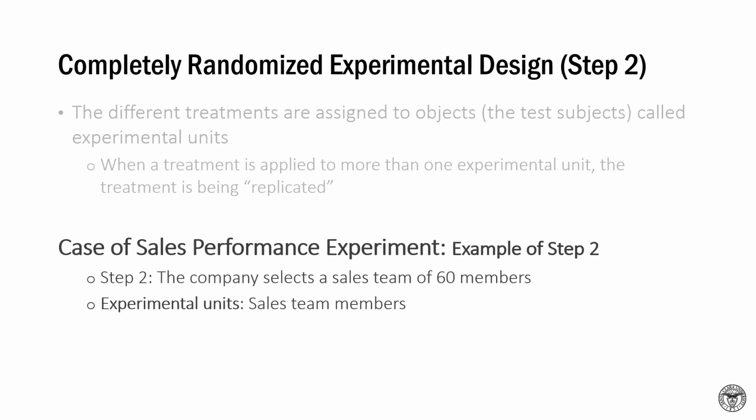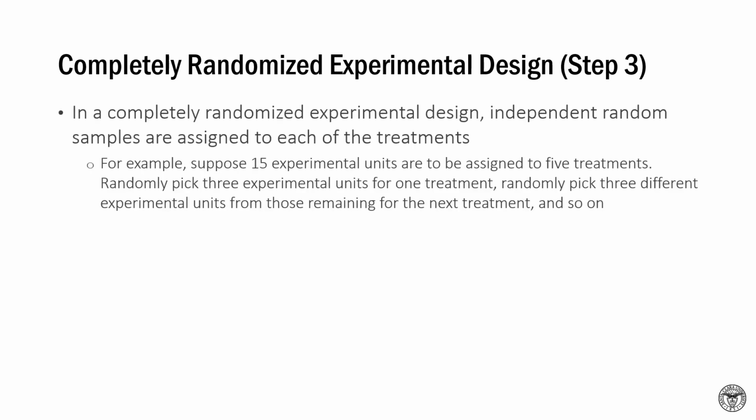In this case, the company may randomly select 60 salespeople for the experiment. The selection of experimental units is critical in experimental design, as it can impact the validity and generalizability of the result.